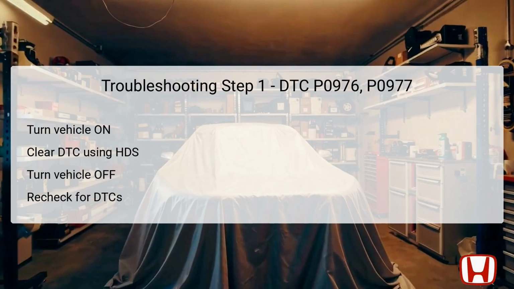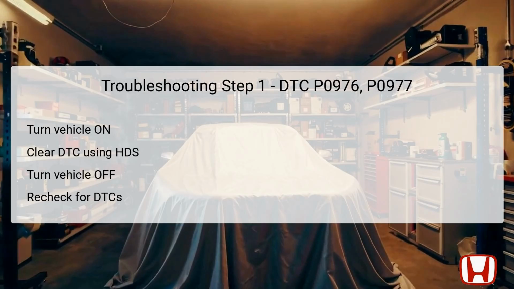Once cleared, turn the vehicle to the off or lock mode, allowing the vehicle to rest for a brief period. Then, turn the ignition back to the on mode. After several seconds, use the HDS again to check for any return DTCs.